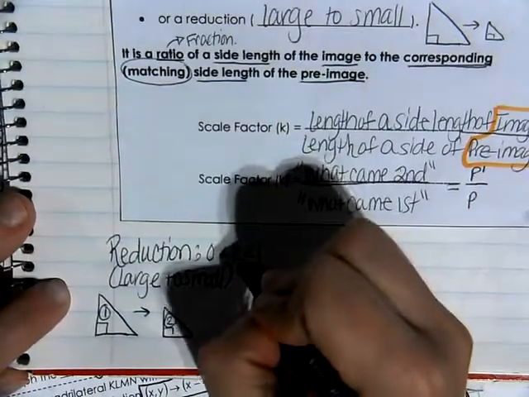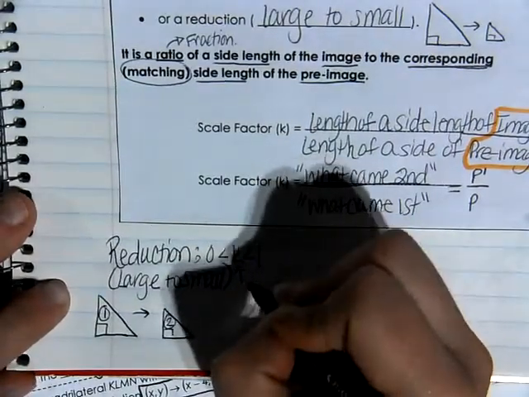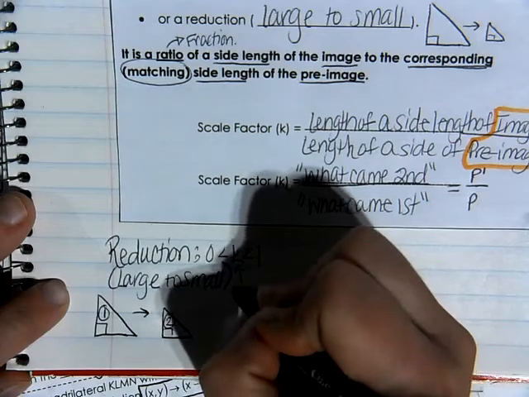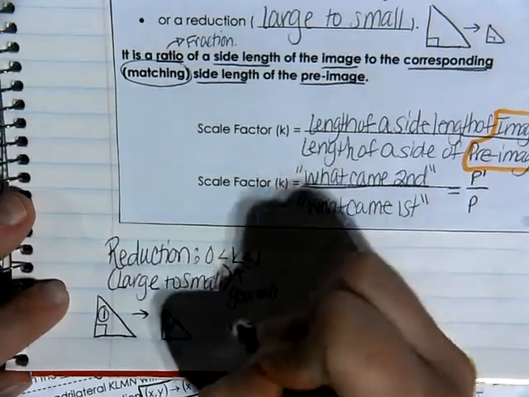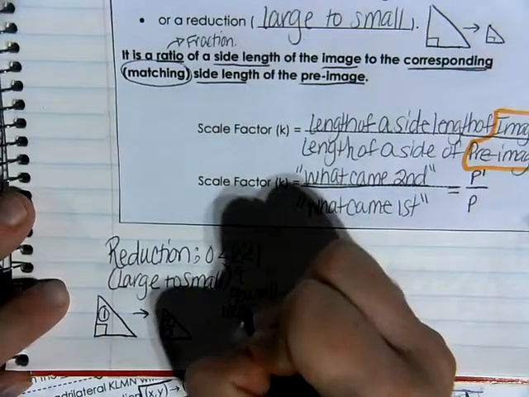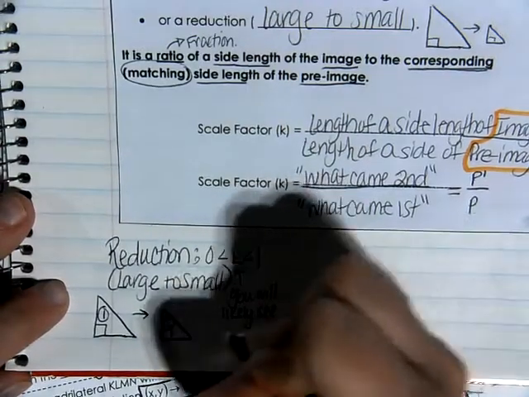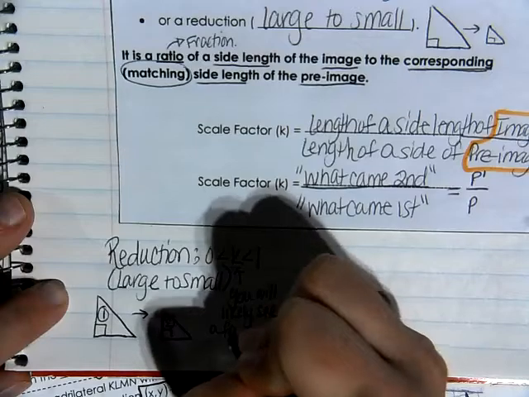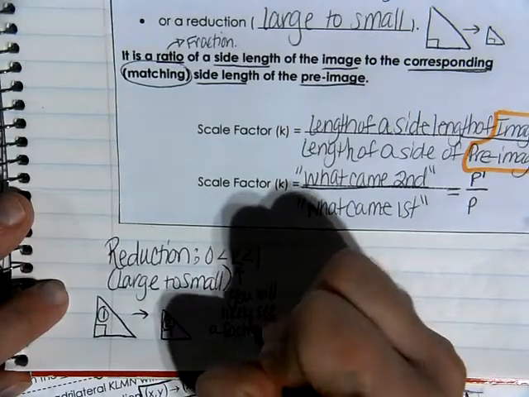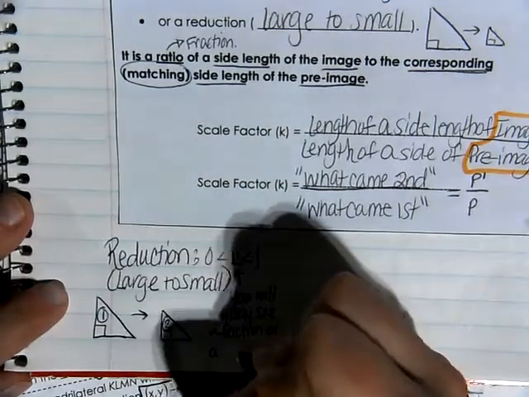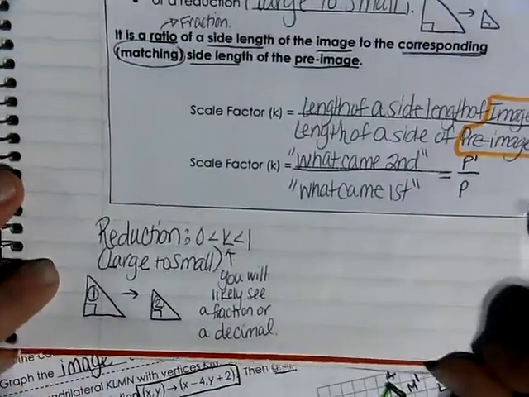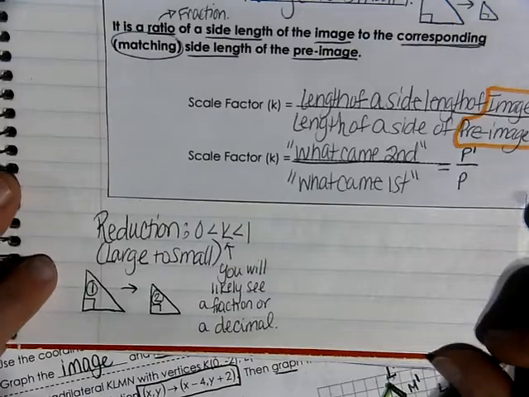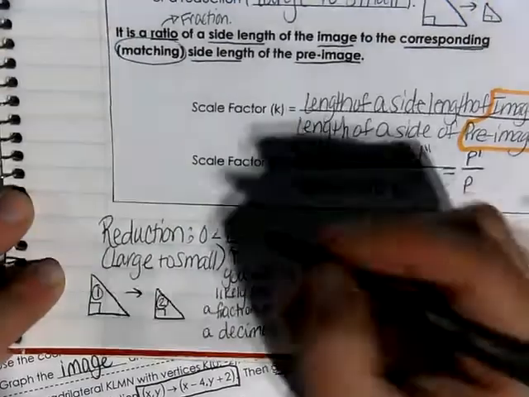So you will likely see K be a fraction or a decimal. Be careful. Not all fractions and decimals are between 0 and 1, so you have to be very, very careful.